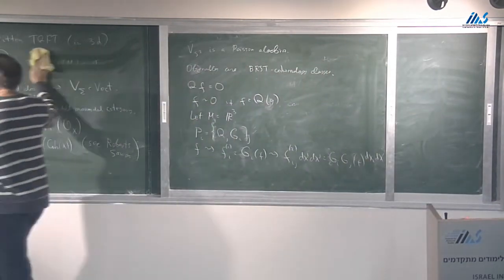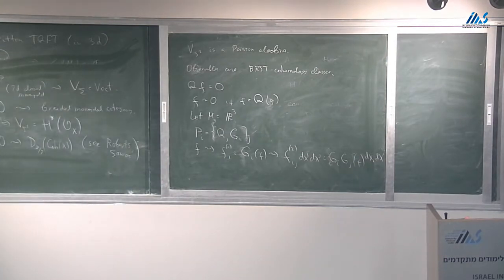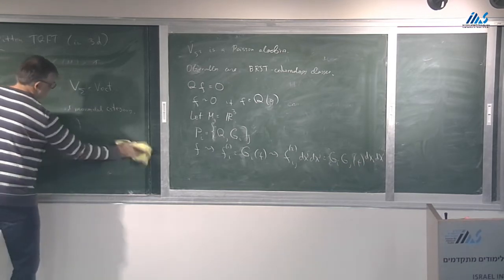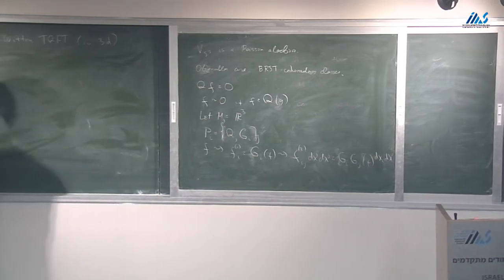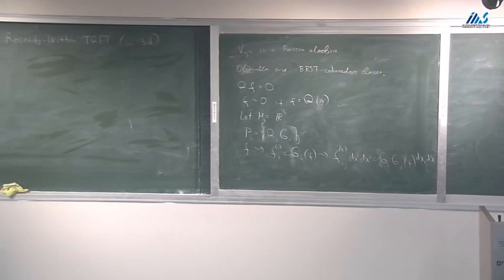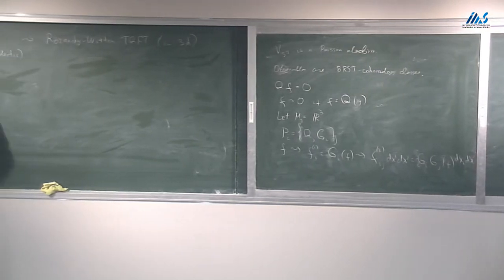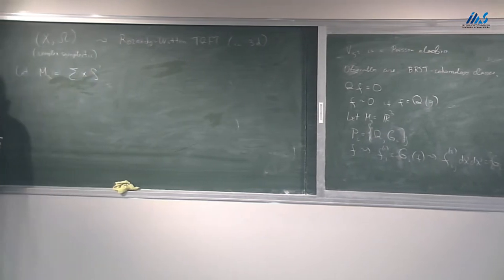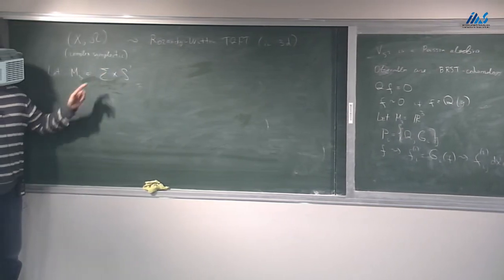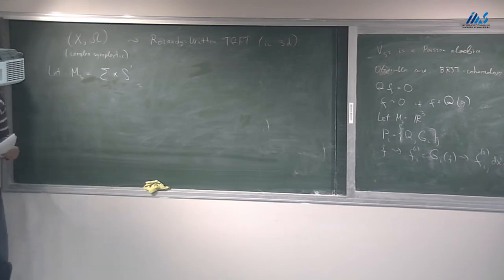Okay, let me see. Suppose you do the following thing. Consider the case when M3 is something two-dimensional times S1. In that case, on physical grounds, it should reduce to a two-dimensional topological field theory, a sigma model. So which one is it?